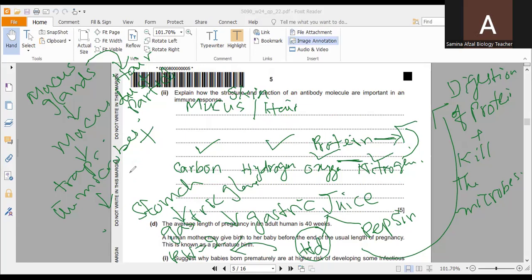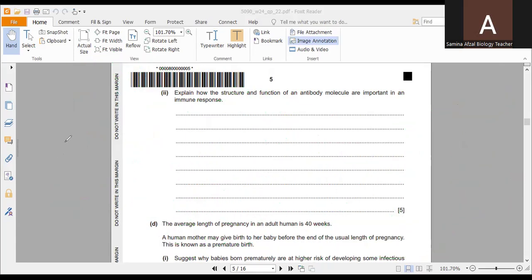Now, next question is, explain how the structure and function of any antibody molecule are important in an immune response. Any microorganism which enters into the body produces toxins, and the toxins are very harmful for our body.